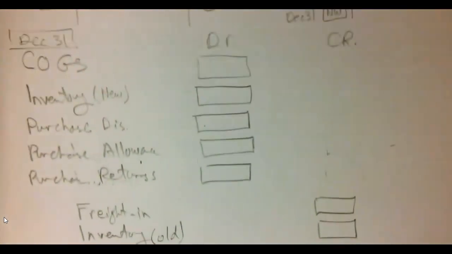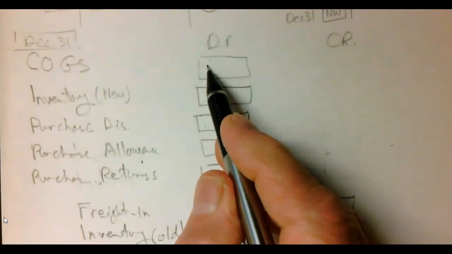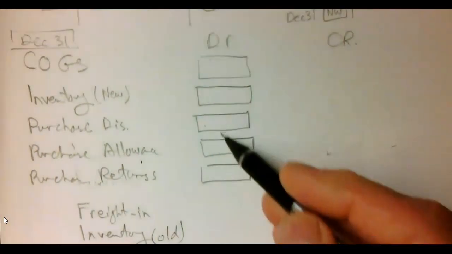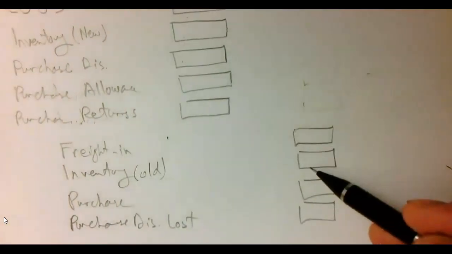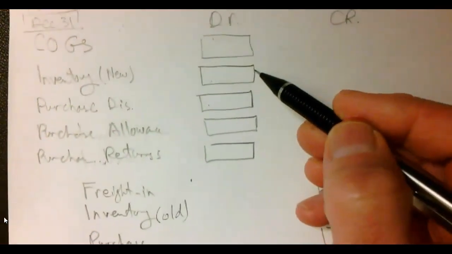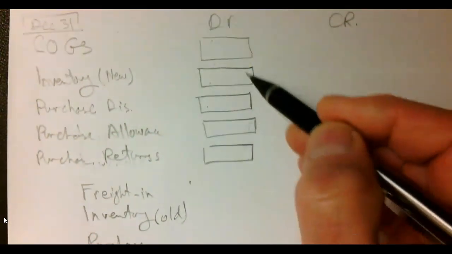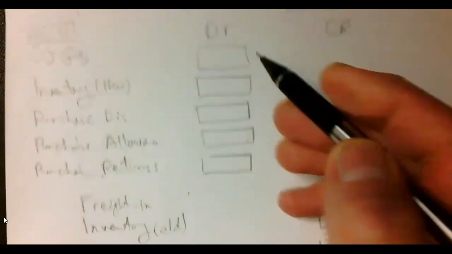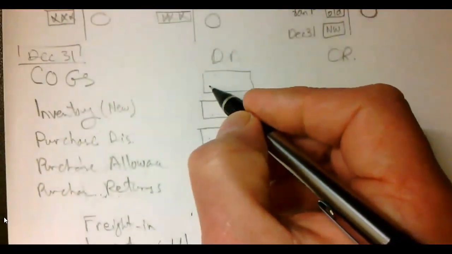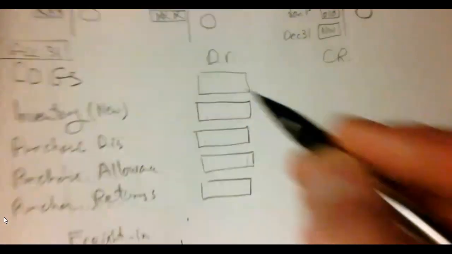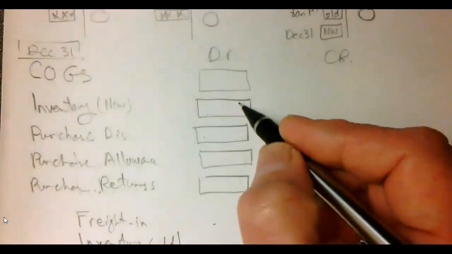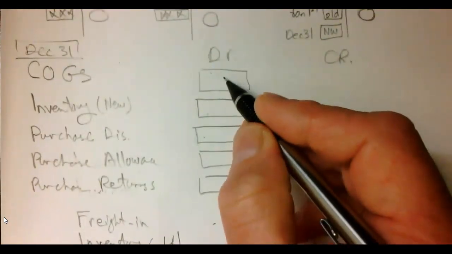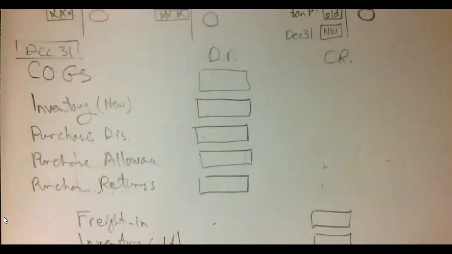So cost of goods sold will be the difference of these four. You don't know what the cost of goods sold is until you add up these four on the credit side, and then minus the others on the debit side, then your cost of goods sold will be equal to that amount. So equals those four less those four, enter, and that will be your cost of goods sold.